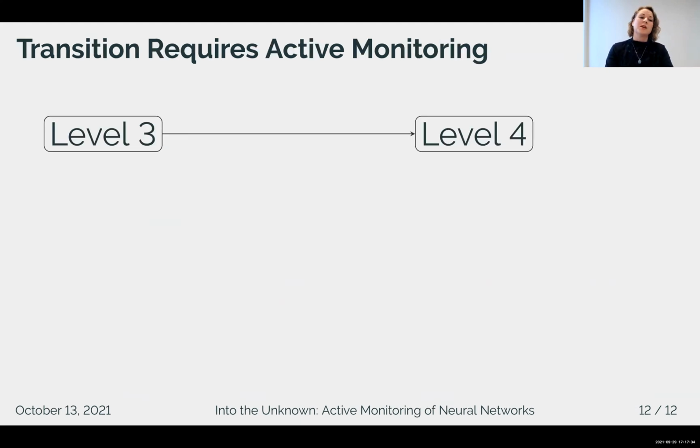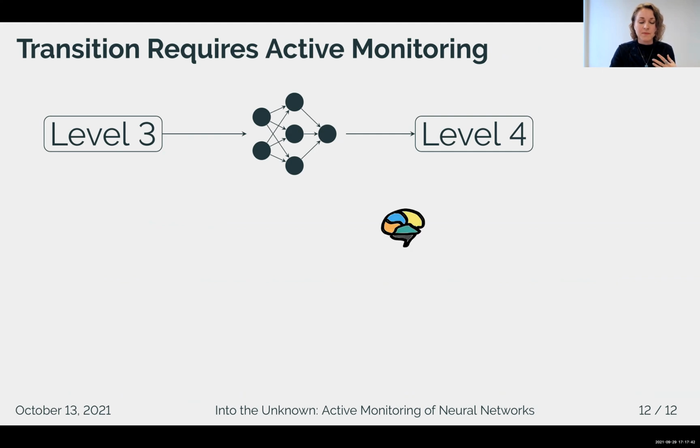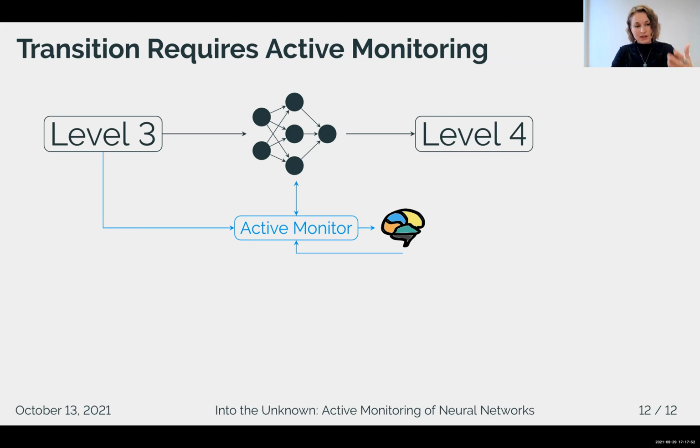So transitioning, for example, from level 3 to 4 with your favorite AI algorithm or a neural network requires an intervention of a human authority. But how? Well, our framework allows you to do so. It allows you to monitor the behavior inside the layers of the neural network and communicate with the human authority for feedback.